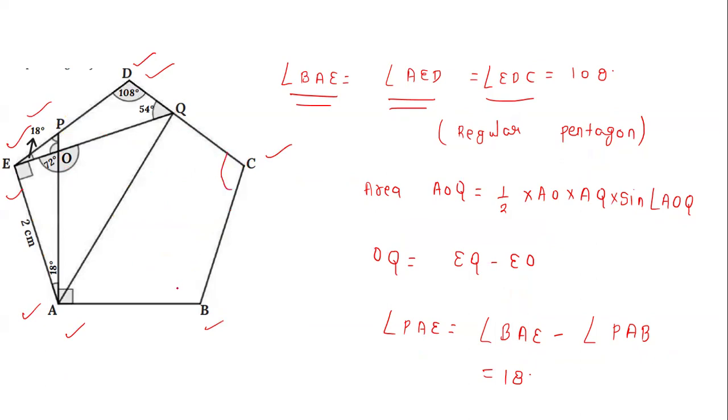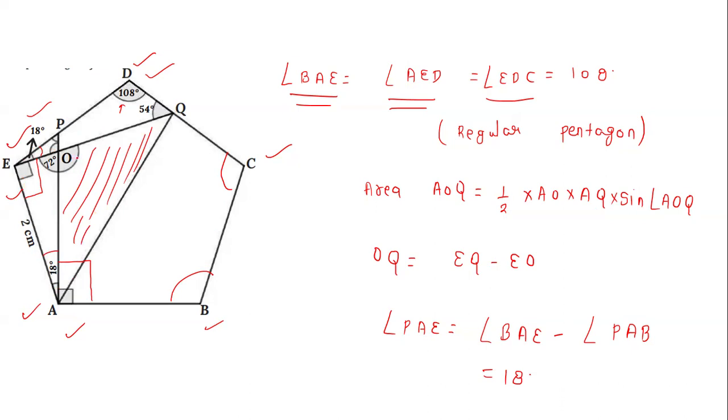This is also 108 and this is also 108. And in the problem it is given that this angle is 90 degrees. So the remaining angle is 18 degrees. Also this angle is given in the problem, so this remaining is 18 degrees. And this is 108.